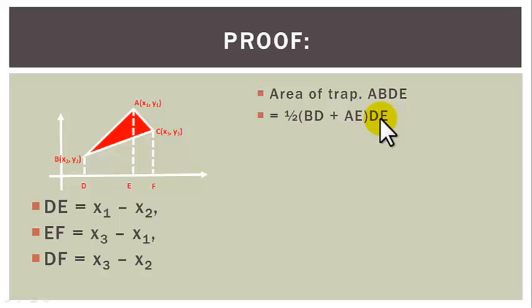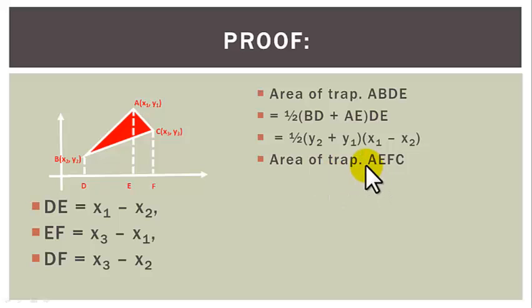Recall, area of a trapezium is half the sum of the parallel sides times the height. This is equal to half times (BD from B to D is y2 plus AE from A to E is y1) times the height DE, which is equal to x1 minus x2.